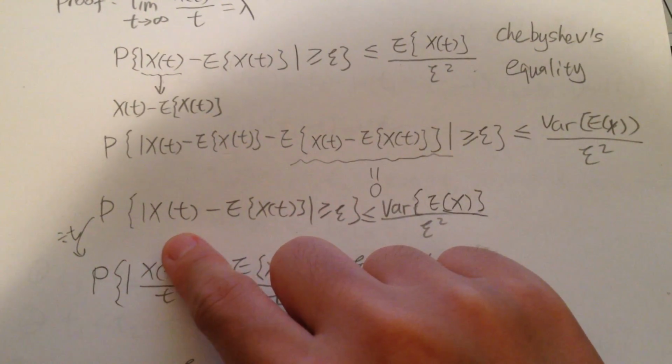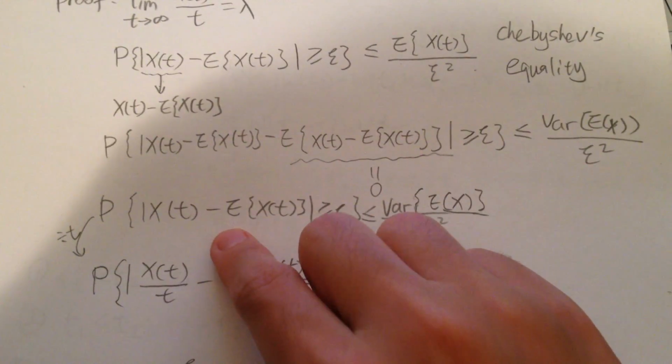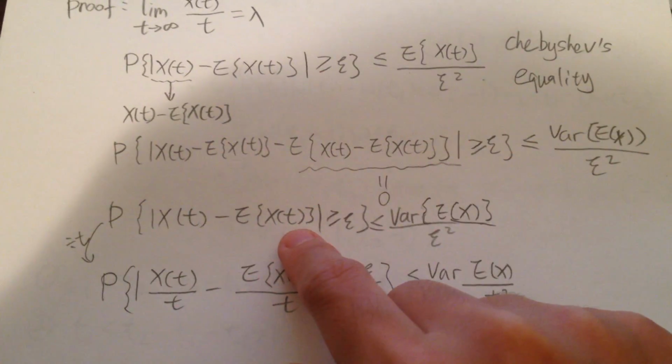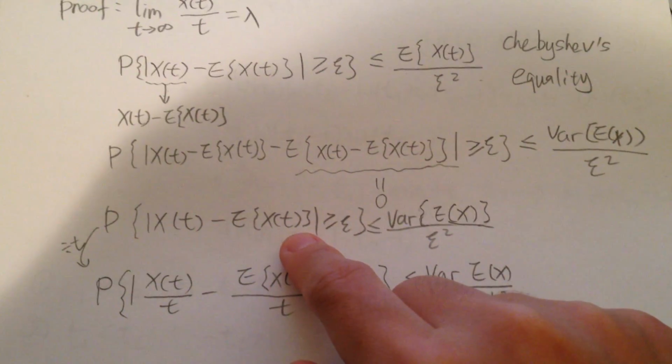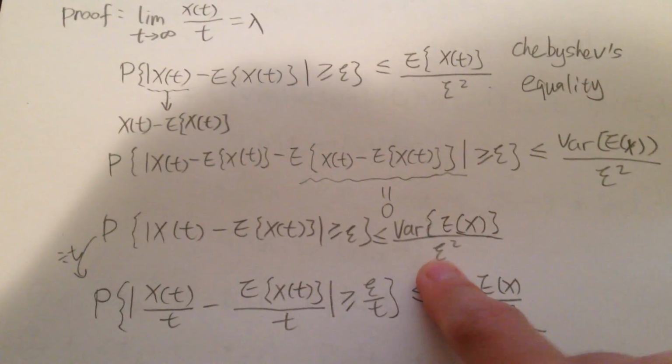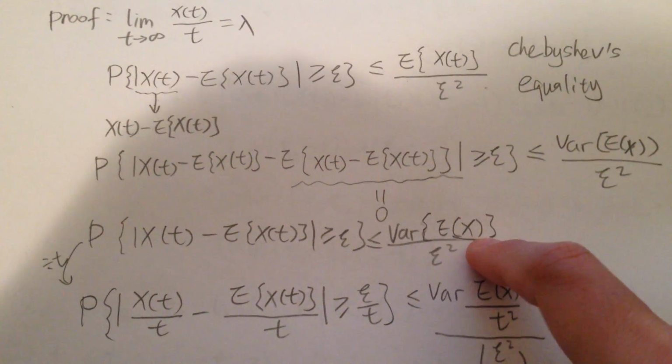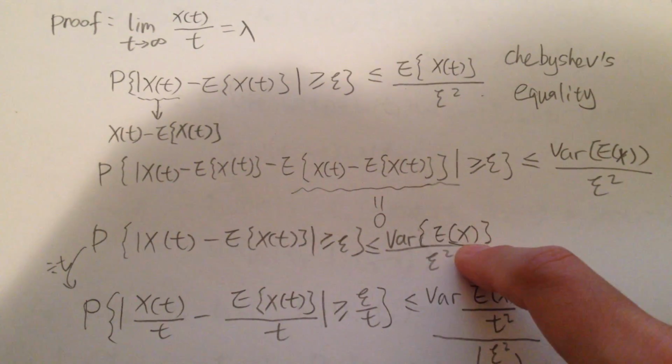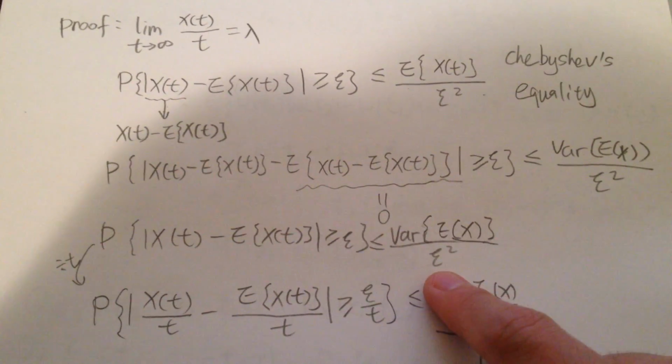It's the probability of the absolute value of X(t) minus the expectation of X(t) greater than epsilon should be less than the variance of X(t) divided by epsilon squared.